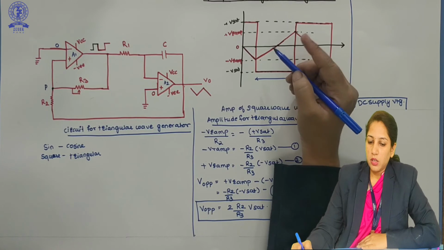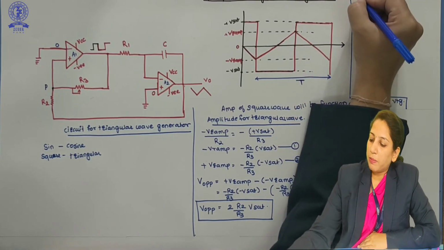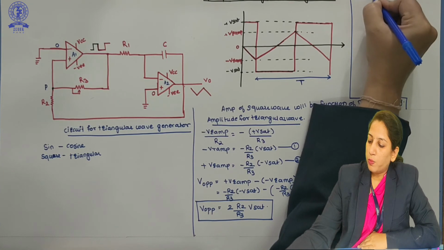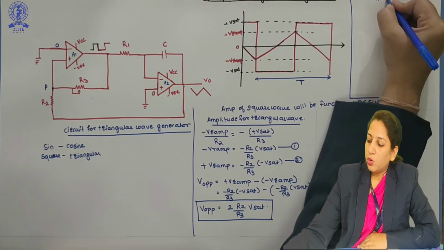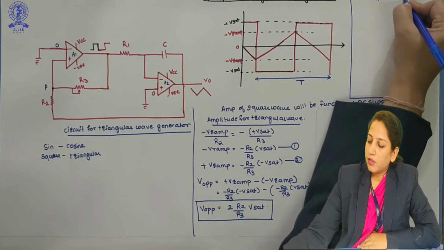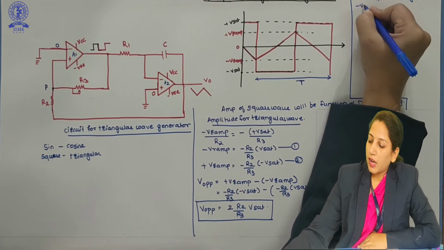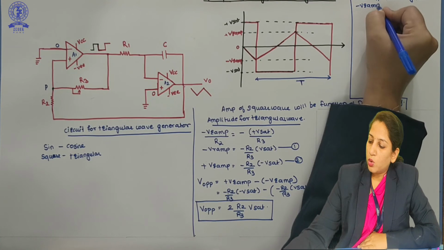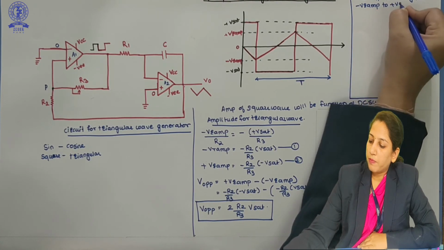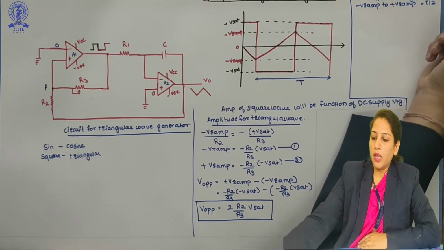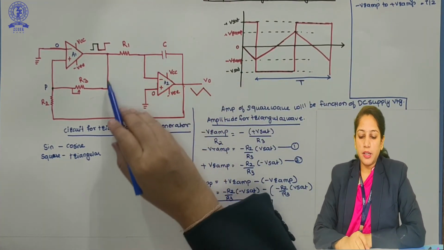So here I will write: time taken by the output to swing from minus V ramp to plus V ramp is T by 2.